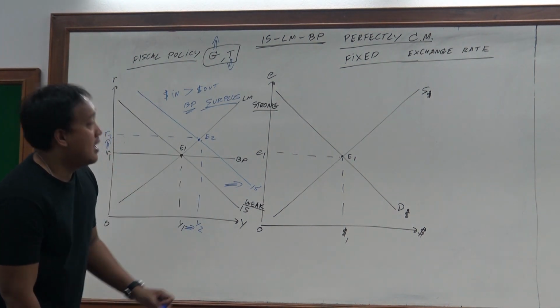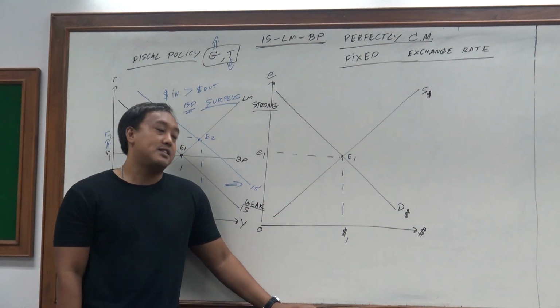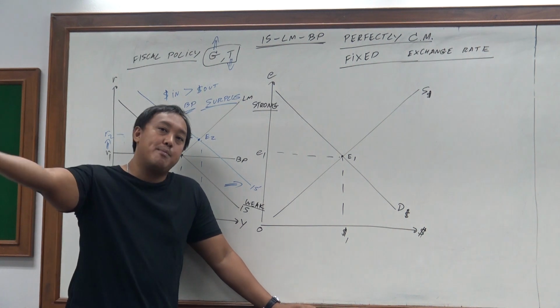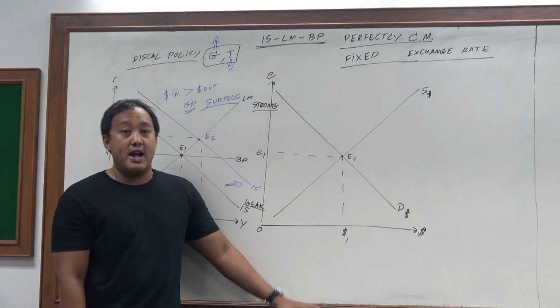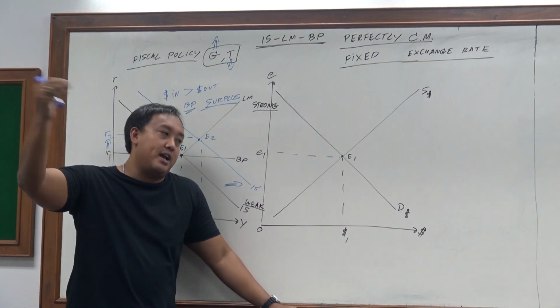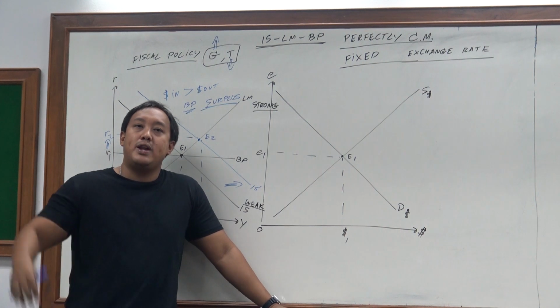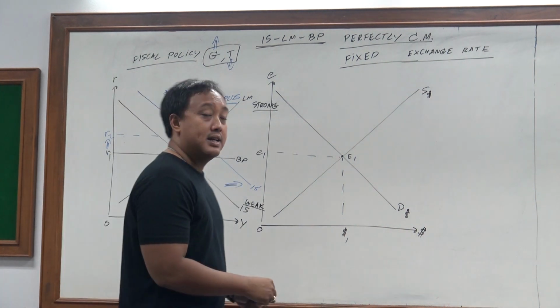Then how does it affect the currency market? When the money moves in, they need to buy more US dollars, right? When the real interest rate is too high, the money flowing into the USA is greater than before. When more money flows into the USA, they need to buy more US dollars.